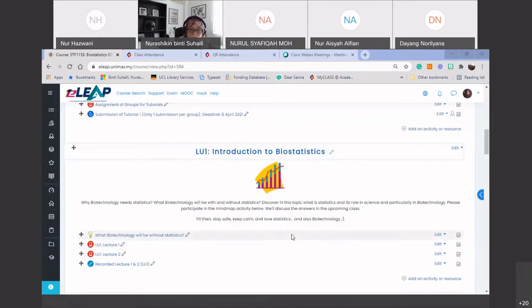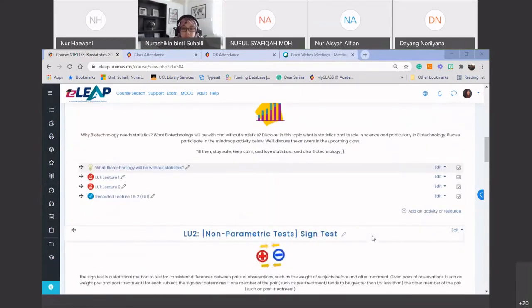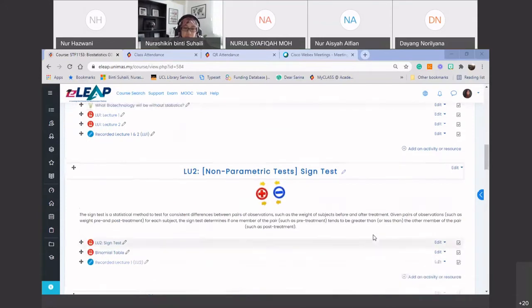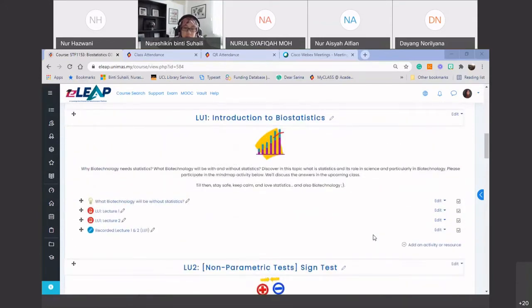Okay, so we'll resume our lecture. Previously, what we have covered, we are still in LU2 for your information. Just to recap, in LU1 we talked about the introduction, basically just some basics in statistics.